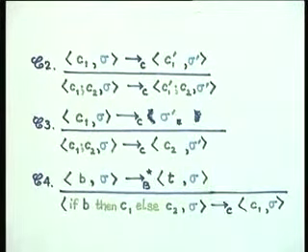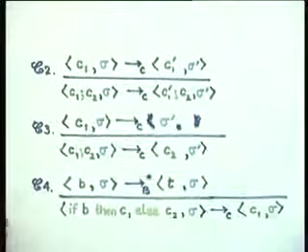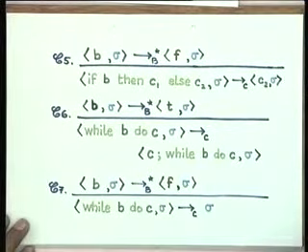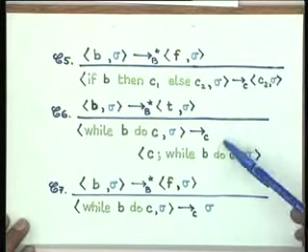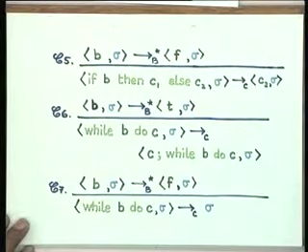Okay, in the case of the conditional, you evaluate the Boolean expression and you transfer control. The transfer of control is like getting rid of one arm of the conditional depending upon the truth value of the Boolean. And lastly, we had the while loop, and of course there is something about this while loop which is not quite correct, which does not quite meet with the philosophy we started out with.